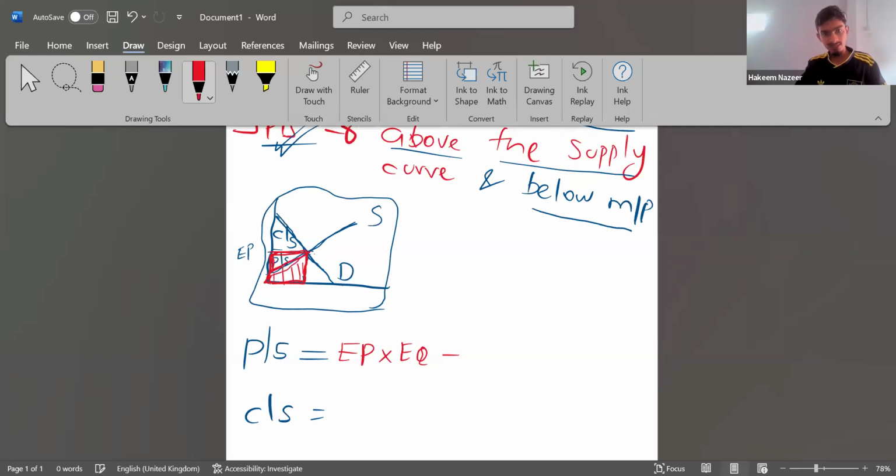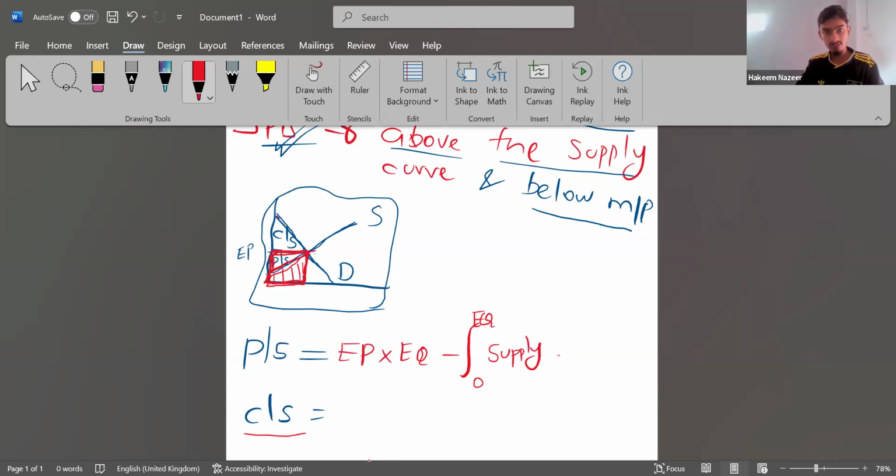To deduct this area, we integrate from zero to the equilibrium quantity the supply formula. It's easy when we look at an example. And we need to identify the consumer surplus. Here, the same thing.